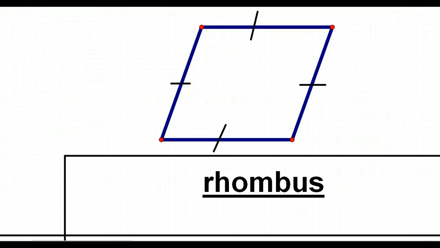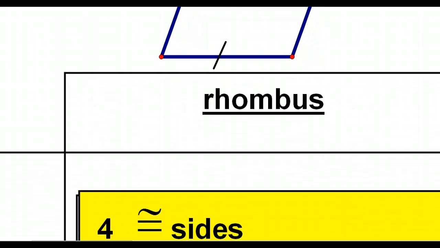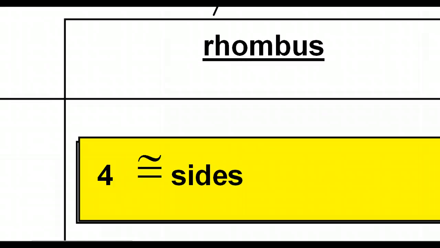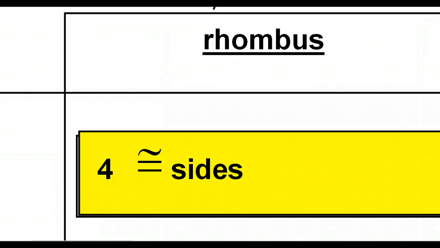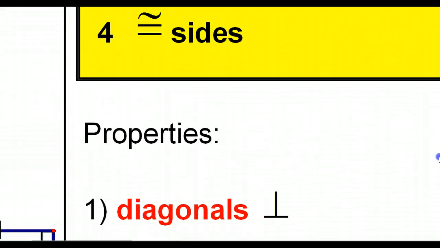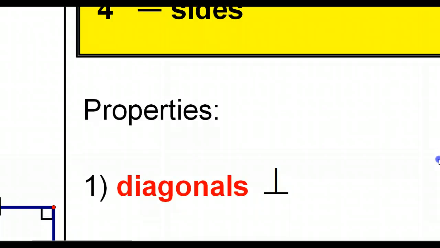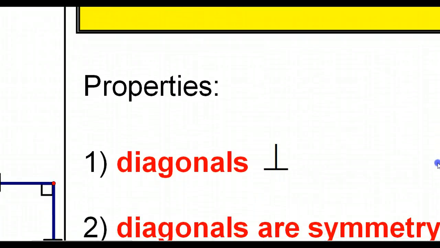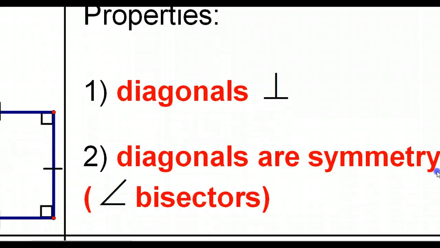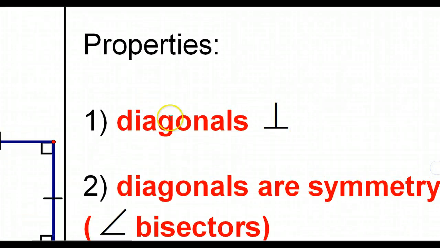Alright, let's look back at our properties of a rhombus. As you recall, the definition of a rhombus right there is 4 congruent sides. But if we scroll down, the first property of a rhombus is the diagonals are perpendicular. We also have other properties, but one property of a rhombus is the diagonals are perpendicular.